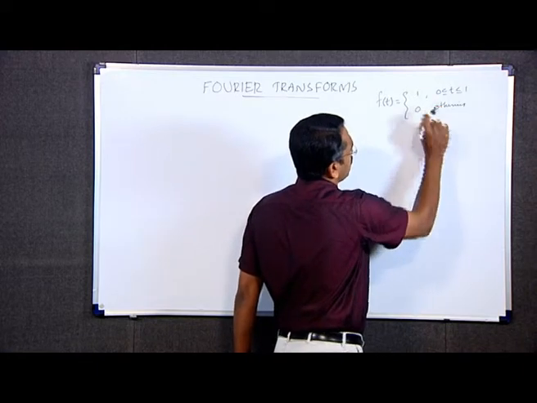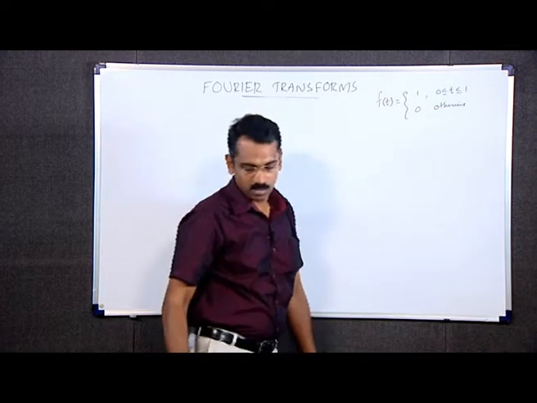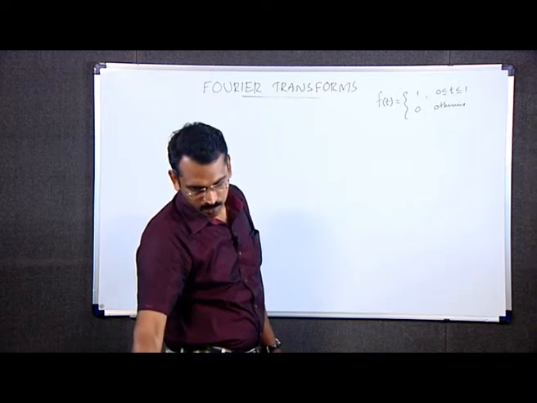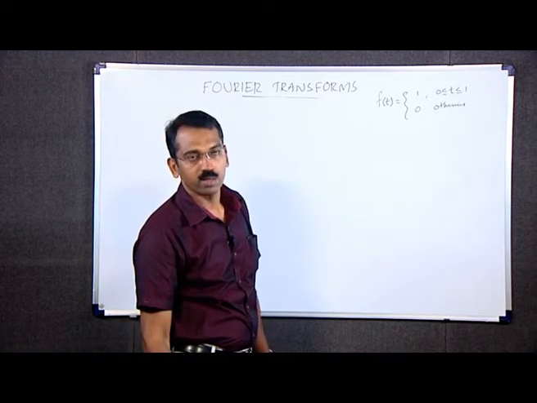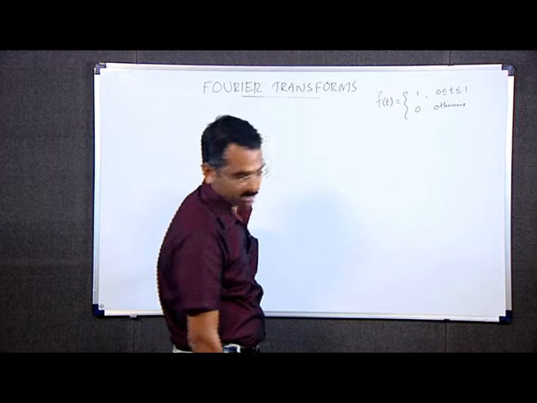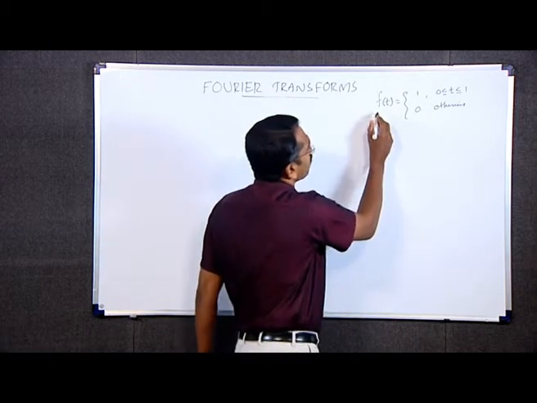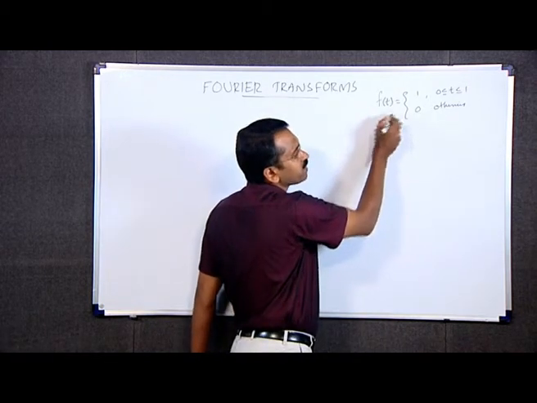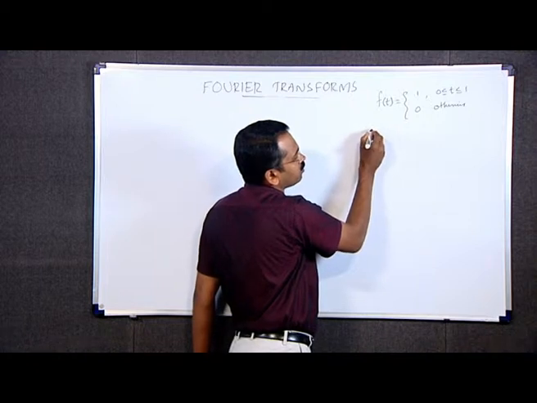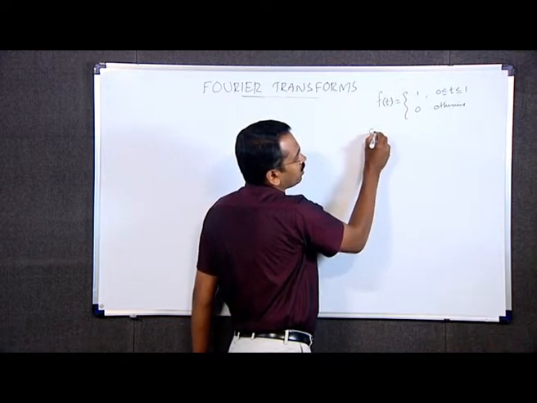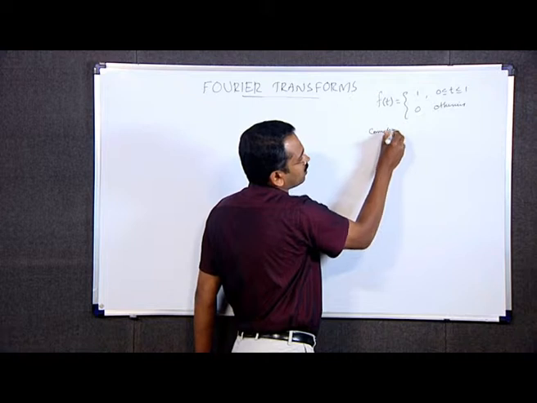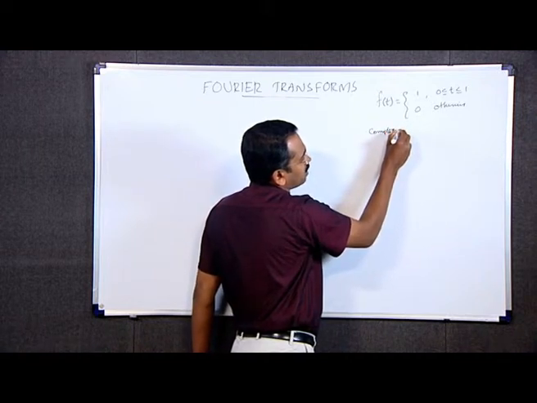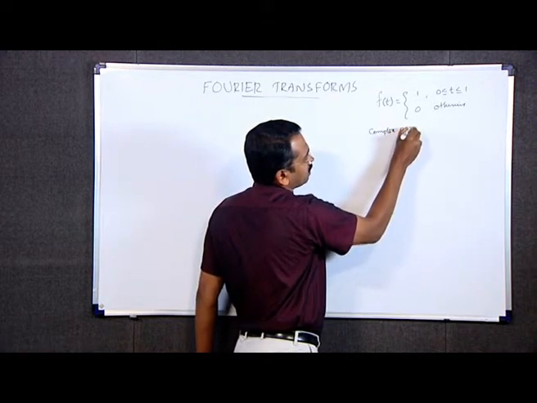In all other cases, the function is defined as 0. Hence, find the complex exponential Fourier integral representation of f of t. First of all, we have to find the Fourier transform and also find the complex exponential Fourier integral representation.